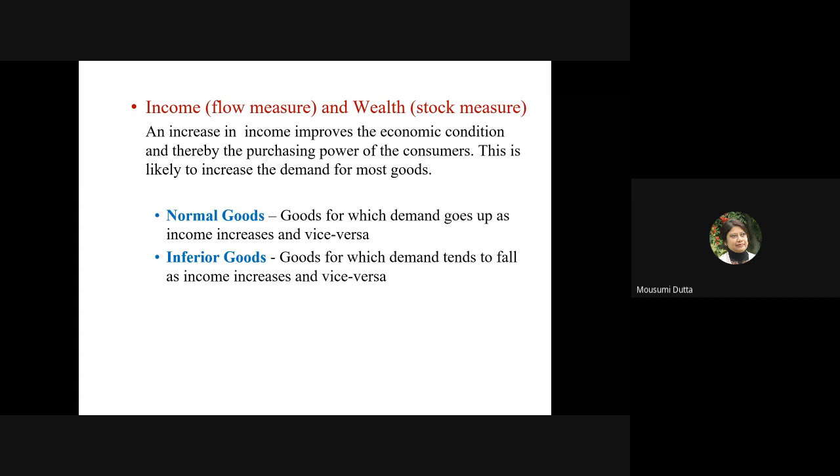So it will depend on my purchasing power. For one group, a particular set of commodities may be luxurious, but for another group, that basket of commodities may be inferior. So it may vary from group to group, from individual to individual. So we cannot label a particular commodity as an inferior good as such. It will depend on the particular individual I'm considering the commodity for.